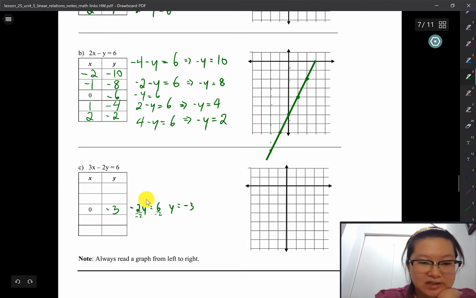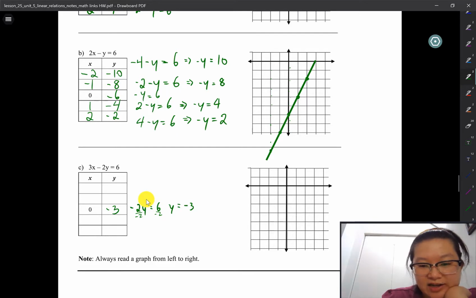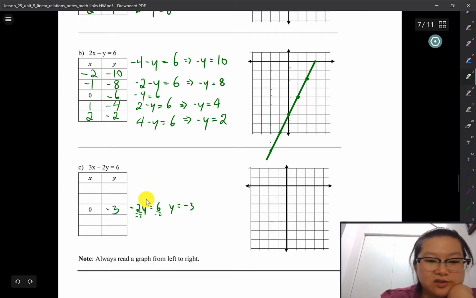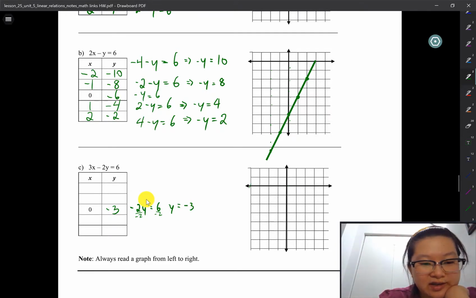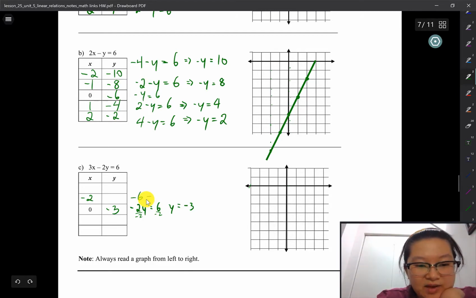Ooh, this is tricky numbers here. And I kind of want to try something, because notice on my axes here, I can go from 0 for x to negative 2 to negative 4. So I'm going to try negative 2, see what that gives us. So I get 3 times negative 2, that's going to be negative 6, minus 2y is equal to 6.